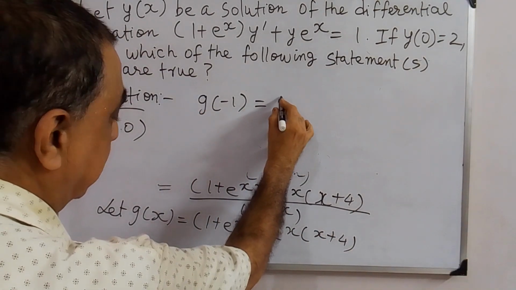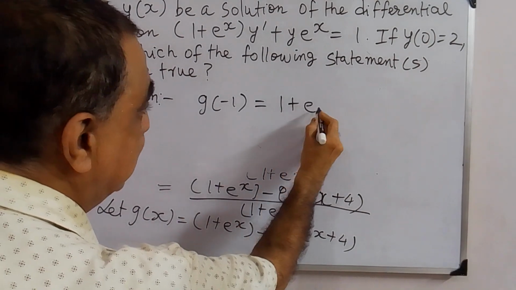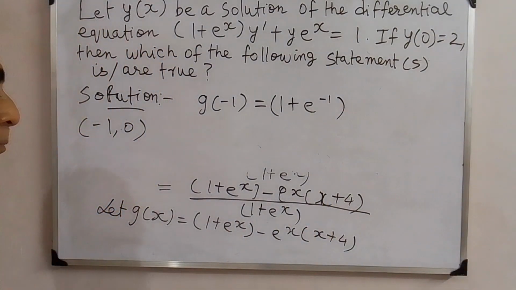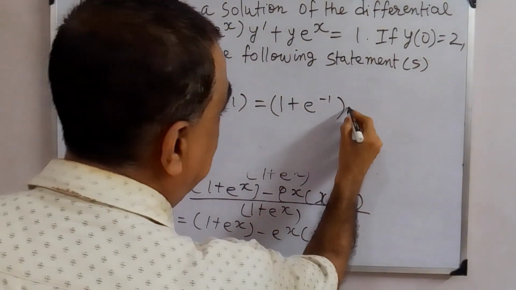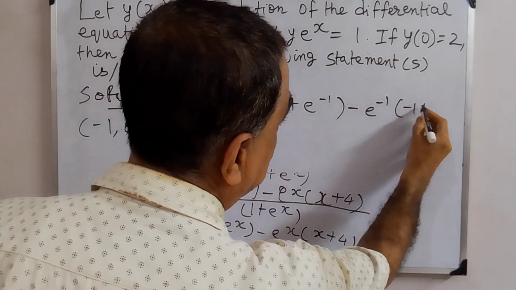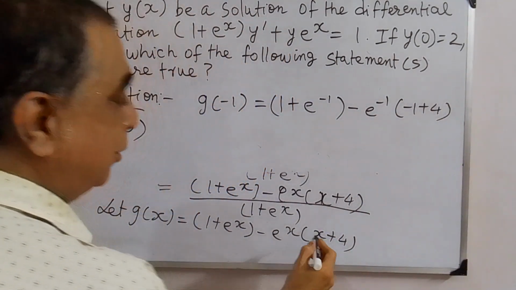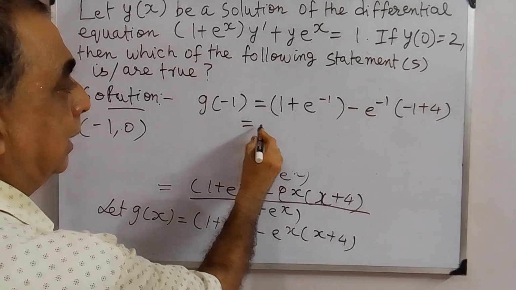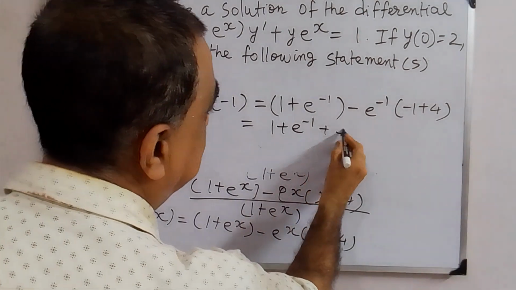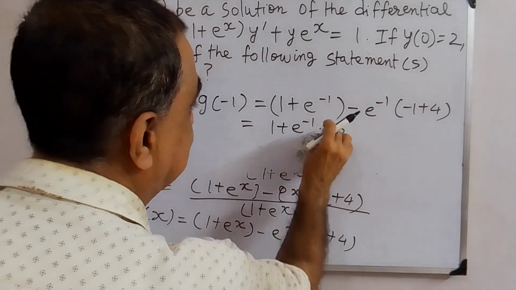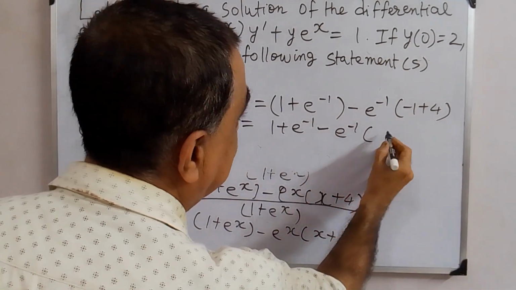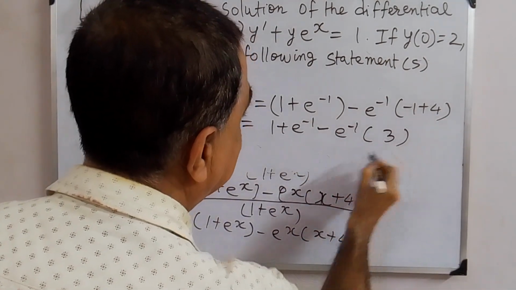When I put x equal to -1, this becomes 1 plus e to the power -1, minus e to the power -1 into (-1 plus 4). That is 1 plus e to the power -1 minus e to the power -1 into 3, since -1 plus 4 is 3.